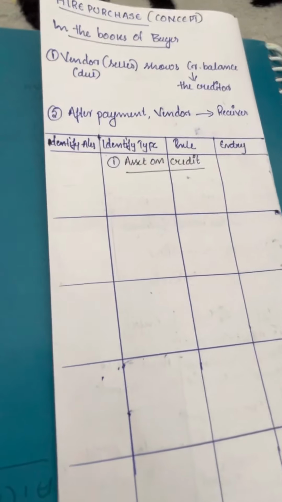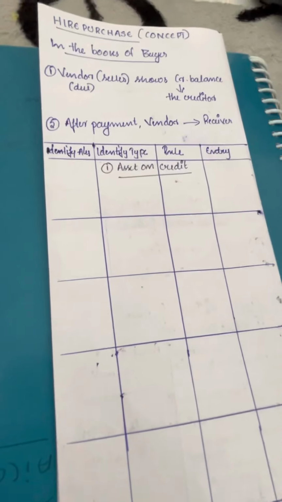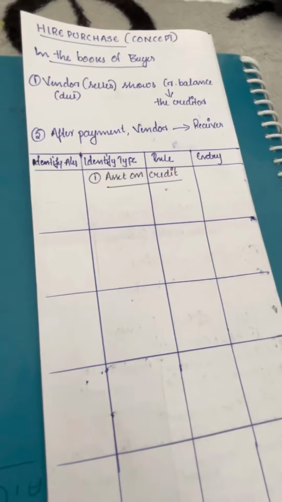Normally only 2 accounts in a journal entry. The first one is the asset and the second one is the vendor. Asset is a real account and vendor is a personal account.